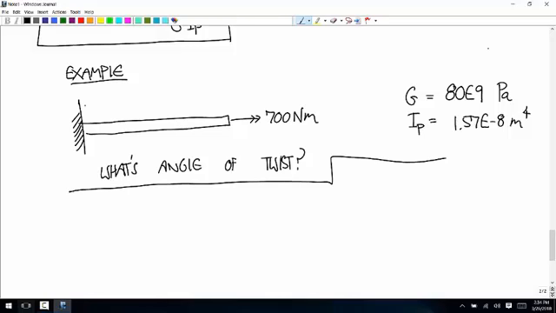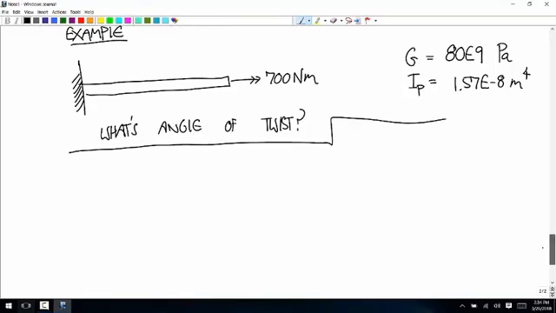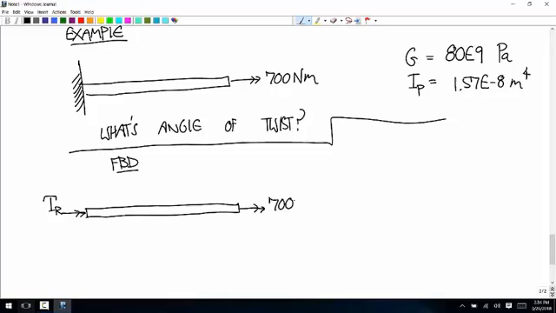The first thing we have to do is calculate the internal torque. In this case, we have a reaction torque at the wall. I'll call that fancy T sub R. And then we have the external torque of 700 Newton meters. And the rotational equation about the x-axis says fancy T sub R is equal to negative 700 Newton meters.